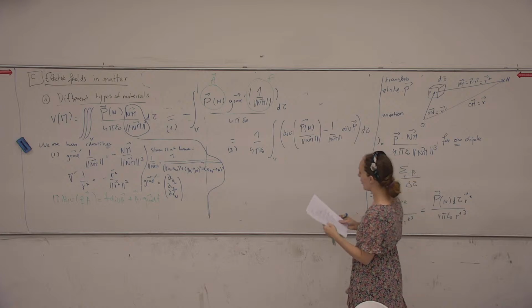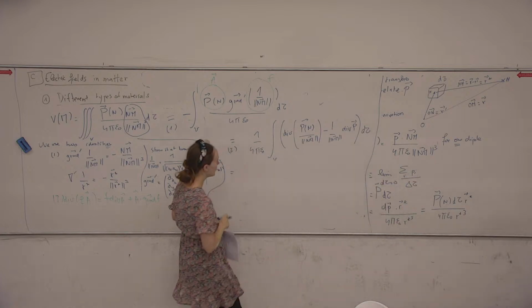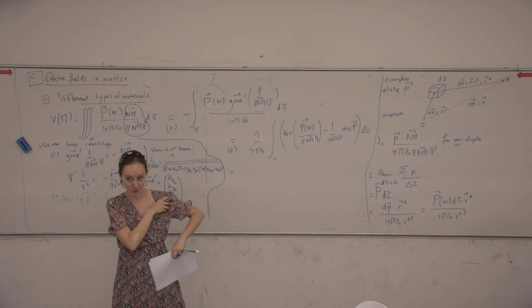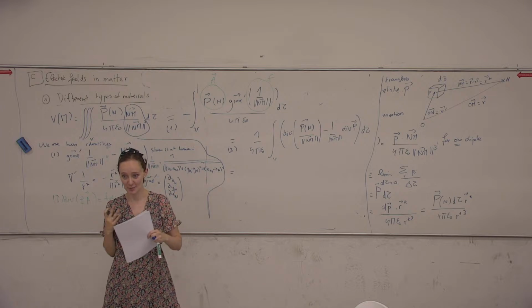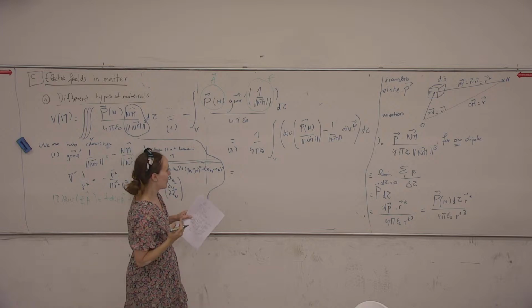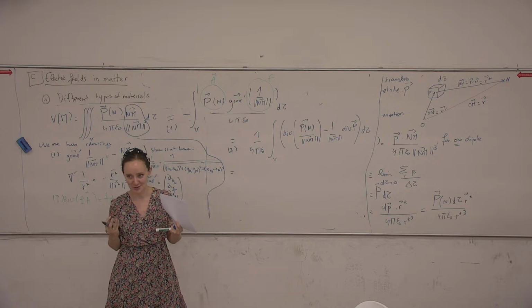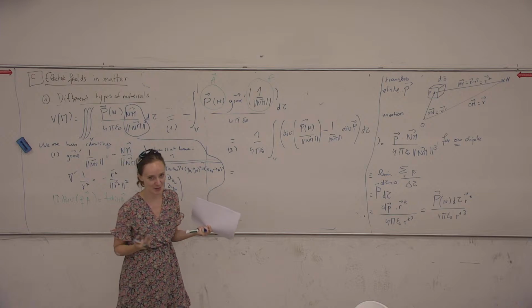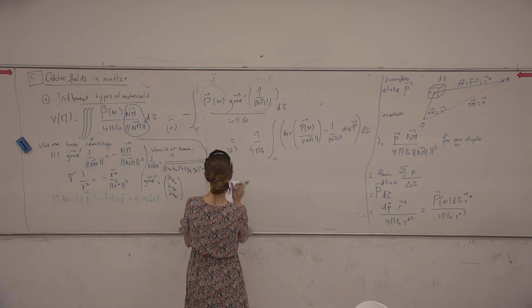Okay. And now I remind you, what do I want to do? My agenda is to make some surface integral appear too, right? So what do I need to use to change this? The divergence theorem.